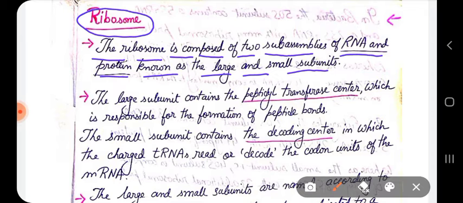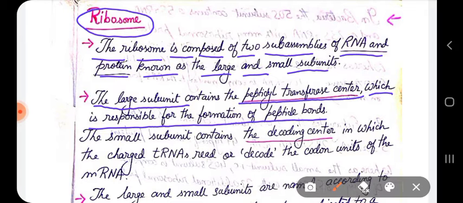Well, the large ribosomal subunit contains an important place known as the peptidyl transferase center, which is responsible for the formation of peptide bonds. So the large ribosomal subunit contains a region called the peptidyl transferase center.